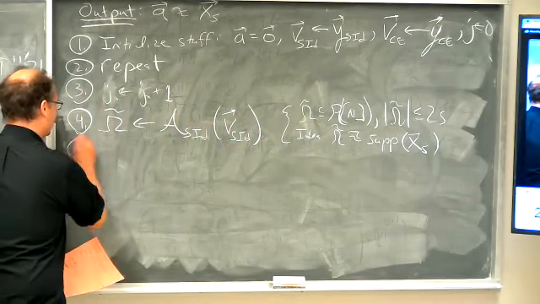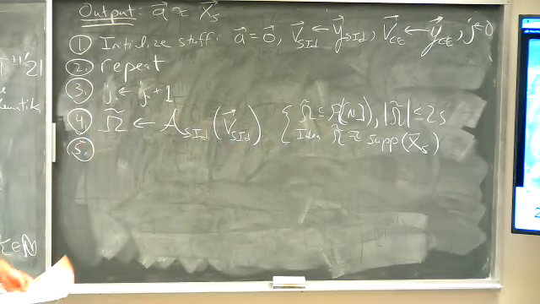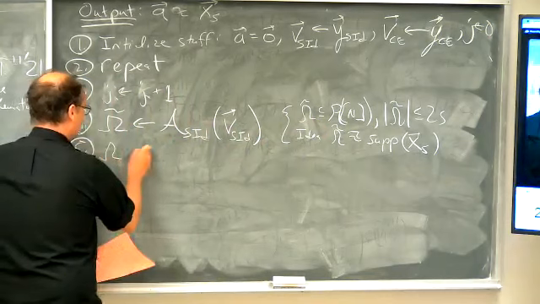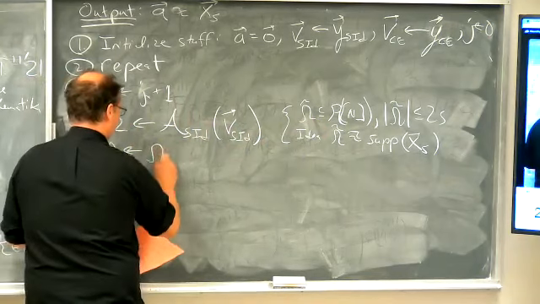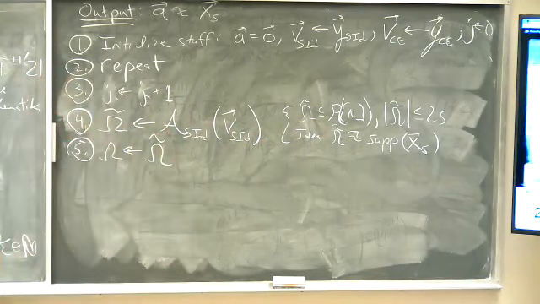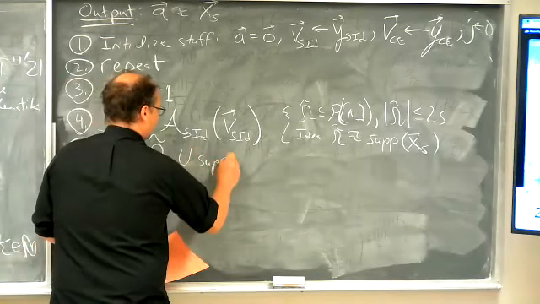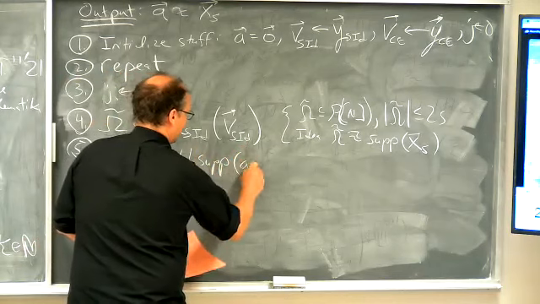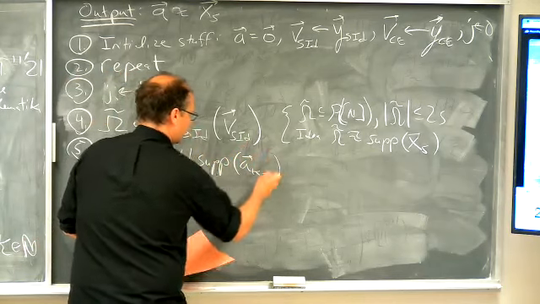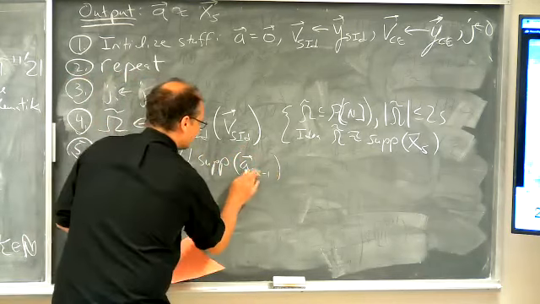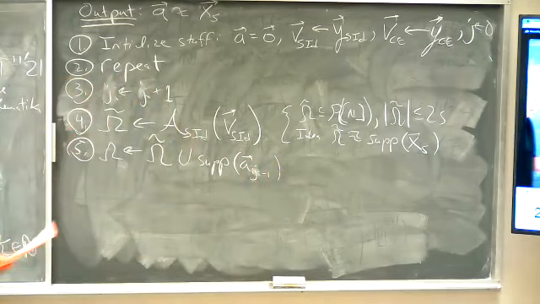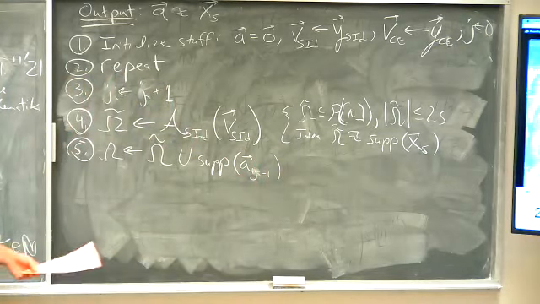The rest is completely just regular CoSaMP. So you take this newly useful omega tilde set you just discovered, and you take a union of it with the support of your last approximation from the last iteration.